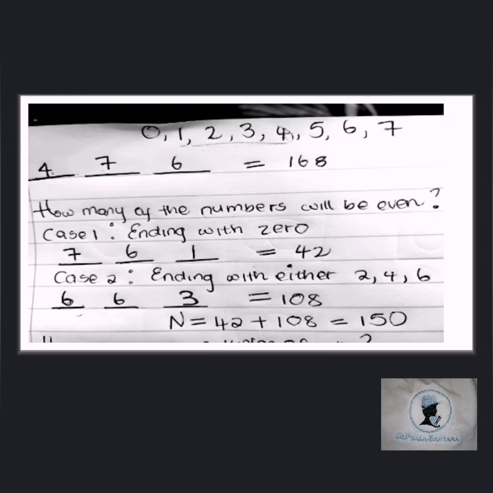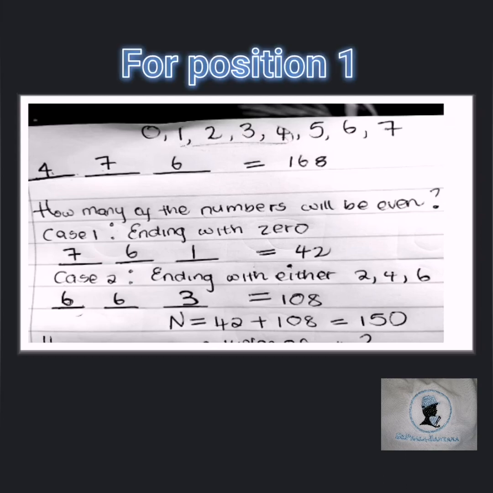So we have the digits here, I've written them here. Now we are going to make space for 3 different positions. They are saying numbers between 100 and 500, so it means you can choose 1, 2, 3, 4.